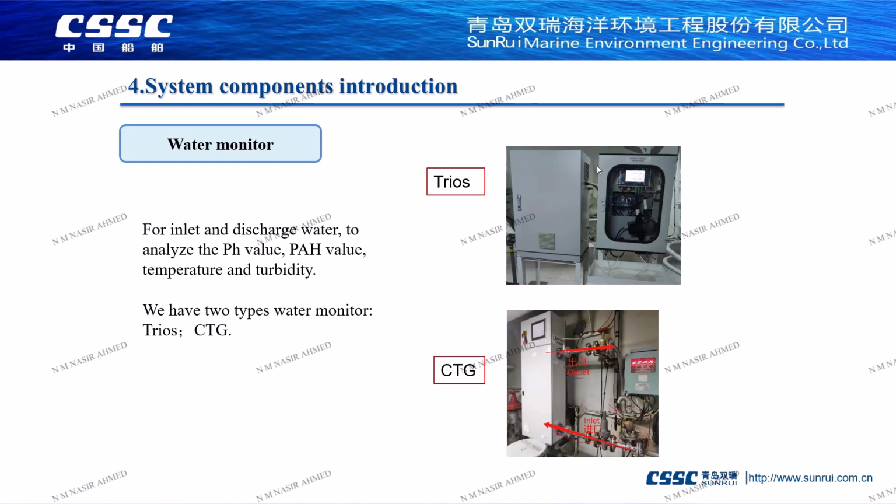There are currently two types of water analyzers we use. One is Chelsea and the other is CTG. For import and export water quality analyzers, we need to monitor the pH, temperature, and turbidity of the water.